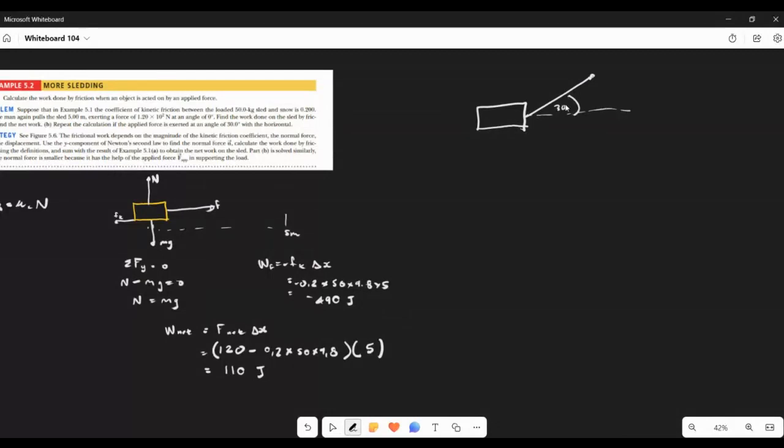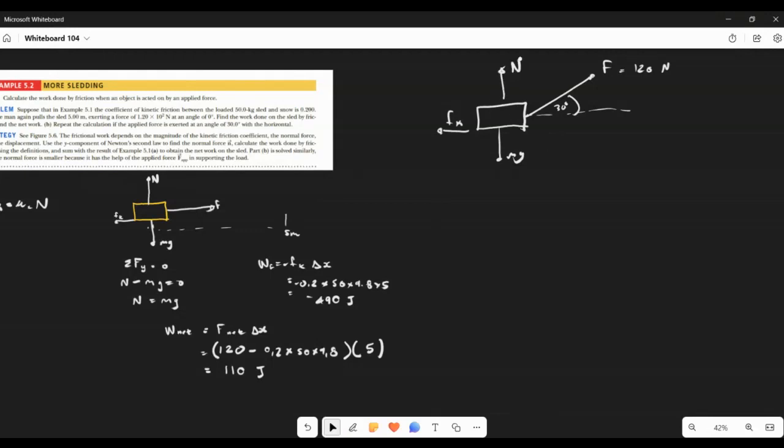If we still set the same value of 120 newtons, and our frictional force, let me work it out for you. 0.2 times 50. Fk. You have mg and your normal force.